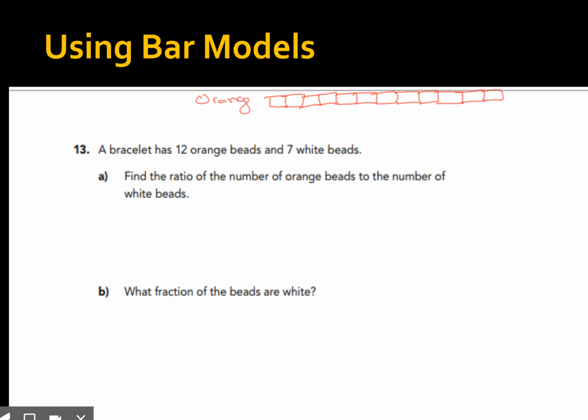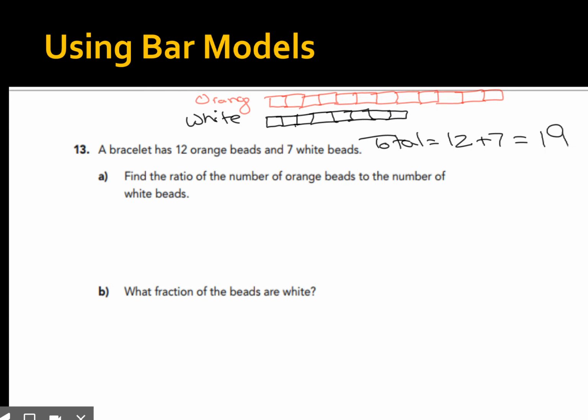And 7 white beads. So we'll use the black outline, but they'll represent the white ones. 1, 2, 3, 4, 5, 6, 7. So those are the white beads. So right away, I'm going to recommend finding how many total beads there are. And you have 12 plus 7, which of course is 19.